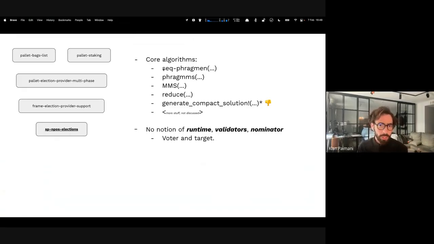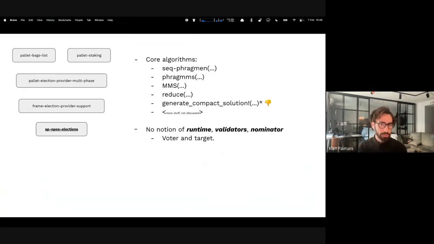We have all these algorithms that I talked about briefly implemented in this crate. These three are the ones that basically compute an election. We have the reduce algorithm, and we have that notorious macro that implements the compact solution type. And I put this thumbs down here to remind myself that this is again a big mistake, in my opinion, looking back at it.